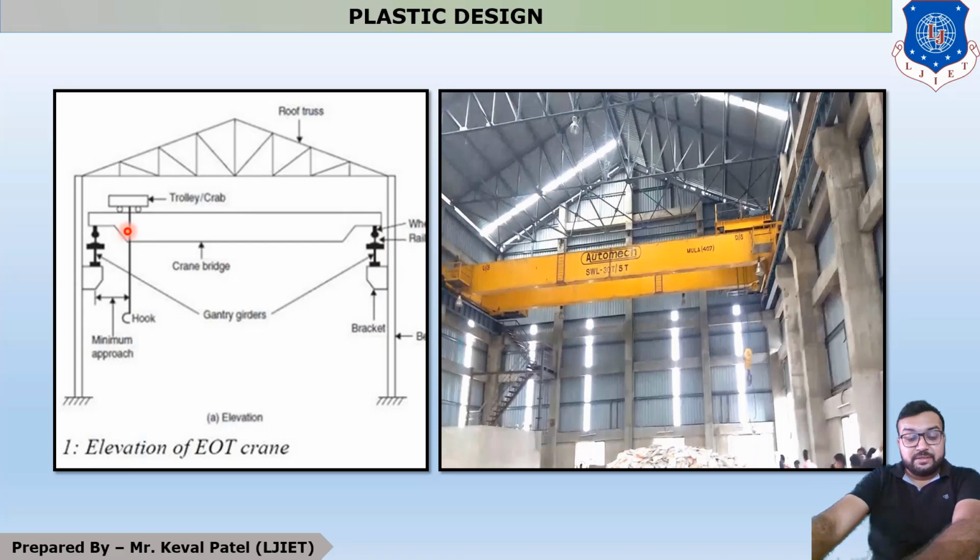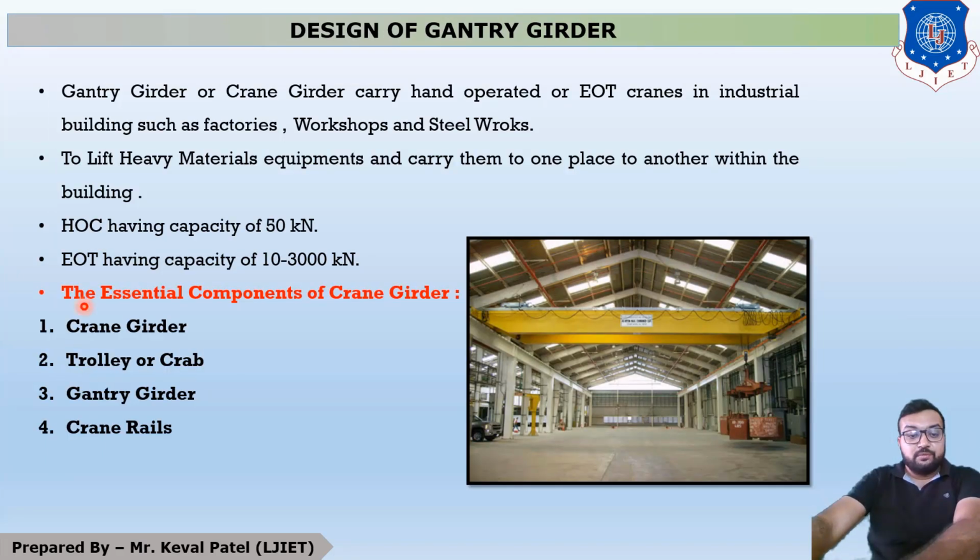You can see that this crane girder rests on this I section, and this I section is your chapter name, the gantry girder. Your last member is the rail. You can see that this is the rail, because your crane moves like this, and this crane girder moves on wheels. This wheel is like a railway rail. So these are the four main essential members of a gantry girder.